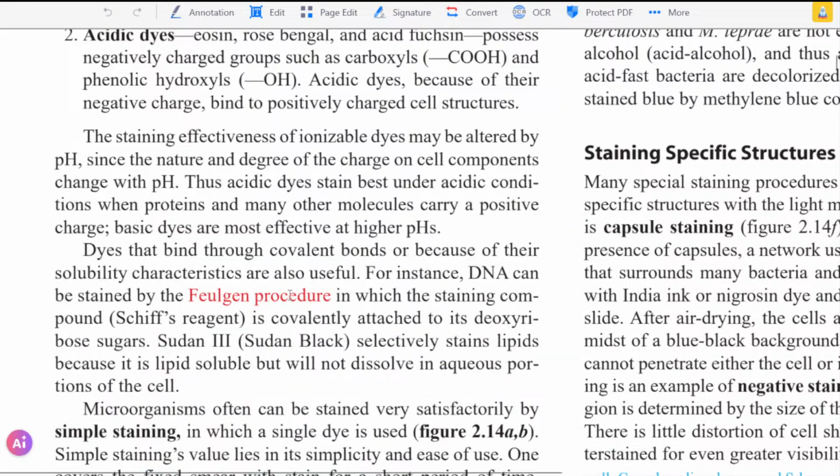So they are saying that the attachment there happens with covalent bonding. Well, the Sudan 3 or Sudan black. Alright, the Schiff reagent gives a magenta color, right? Well, the Sudan 3 I think gives a black color. It selectively stains lipids because it is lipid soluble but will not dissolve in the aqueous portion of the cell.